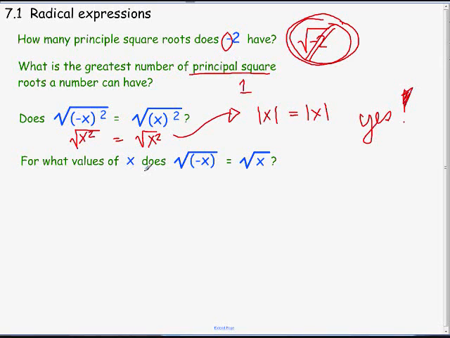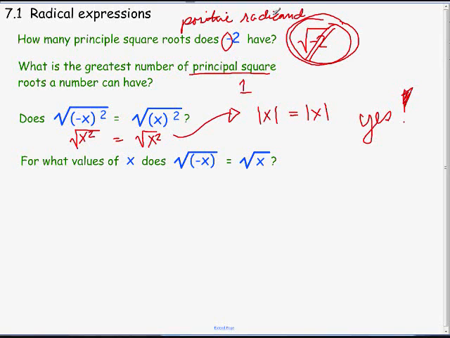For what values of x? Oh my goodness. For what values of x does the square root of negative x equal the square root of x? Now, didn't we say we couldn't do that? We had to use a positive radicand. There's the word.